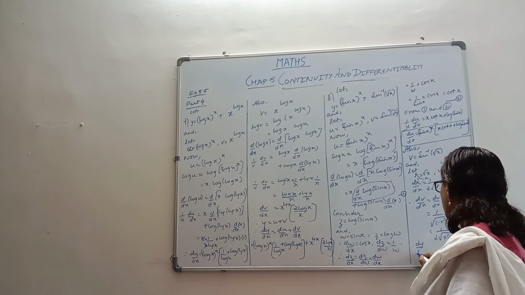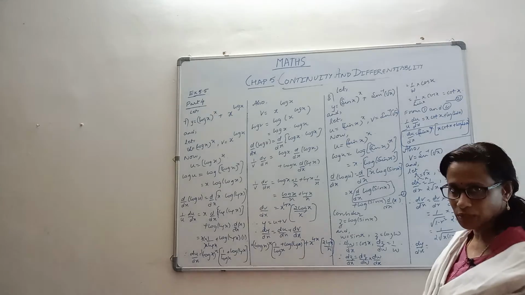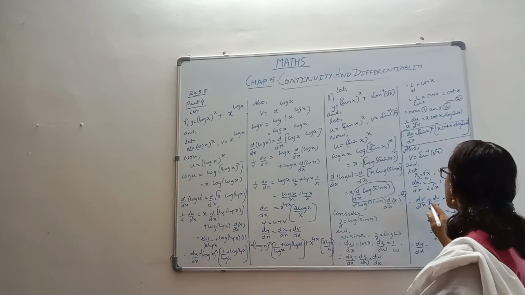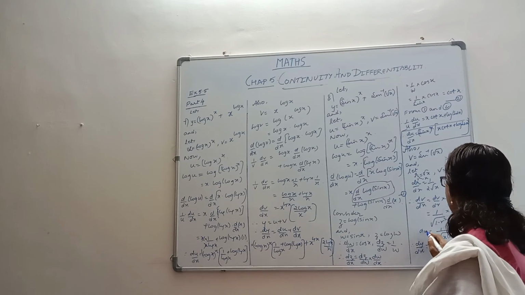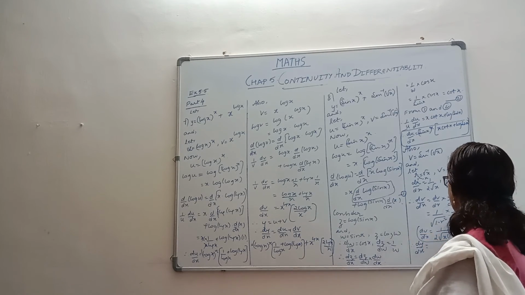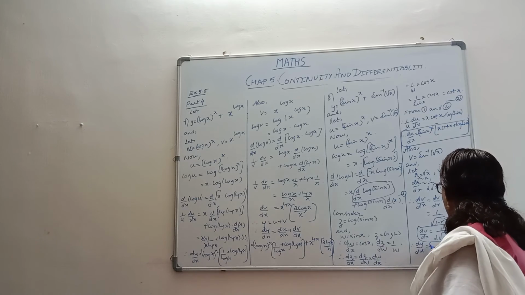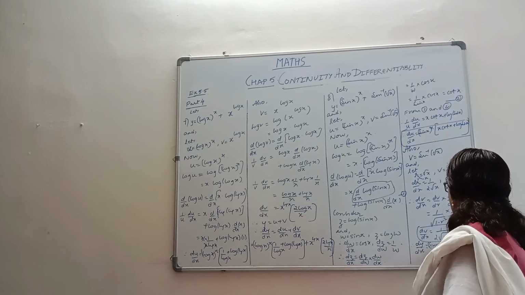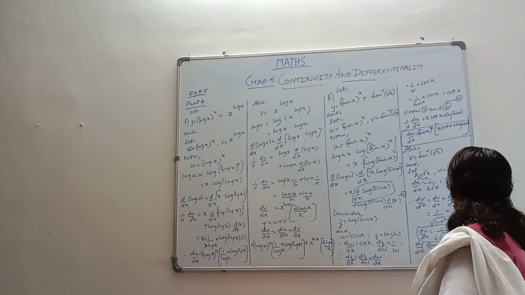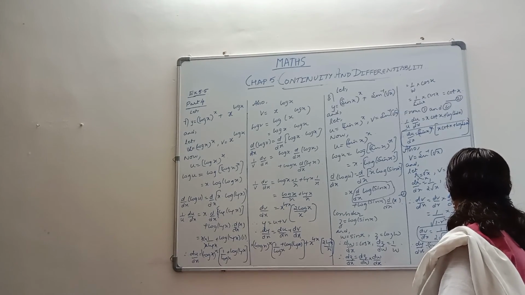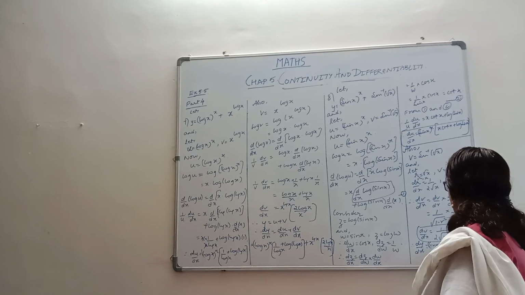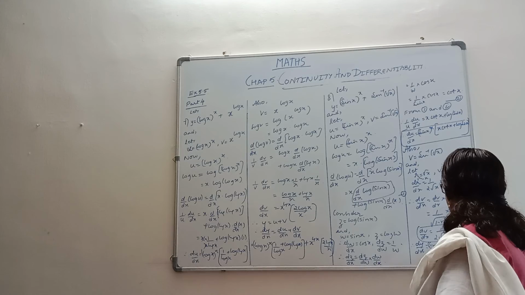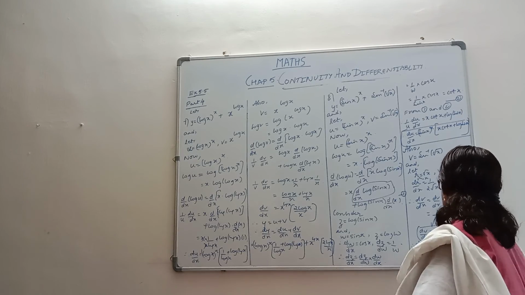So what is going to be your dy by dx? y is u plus v. dy by dx is du by dx plus dv by dx. So du by dx is all this: sin x raised to x times x cot x plus log sin x, plus 1 by 2 root of x into 1 minus x.